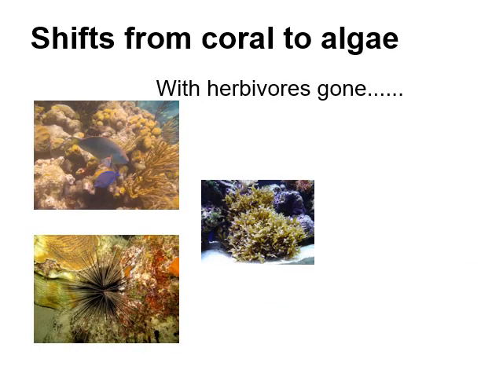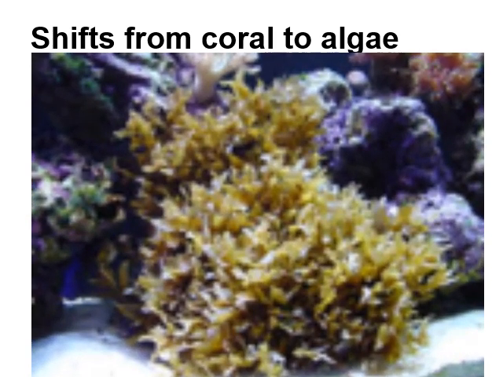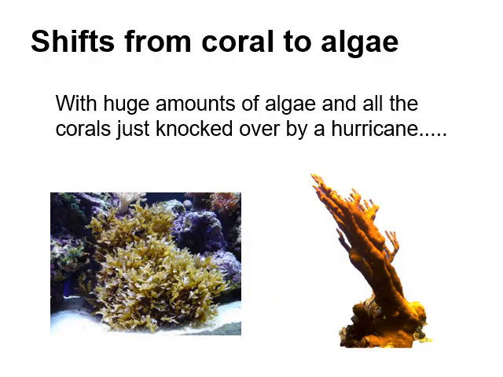So essentially what happened is with the herbivores gone, the algae grew out of control. And with corals having just been knocked over by hurricanes, they couldn't recover, right? The hurricane really damaged the corals.